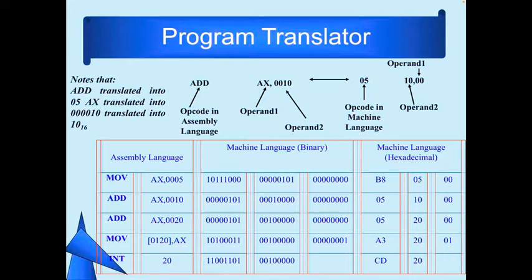Don't worry about this, because this is just a simple example to give you a clear picture of what is going on when you are using assembler. For example, a very simple instruction that we have here is to do addition, or plus operation.